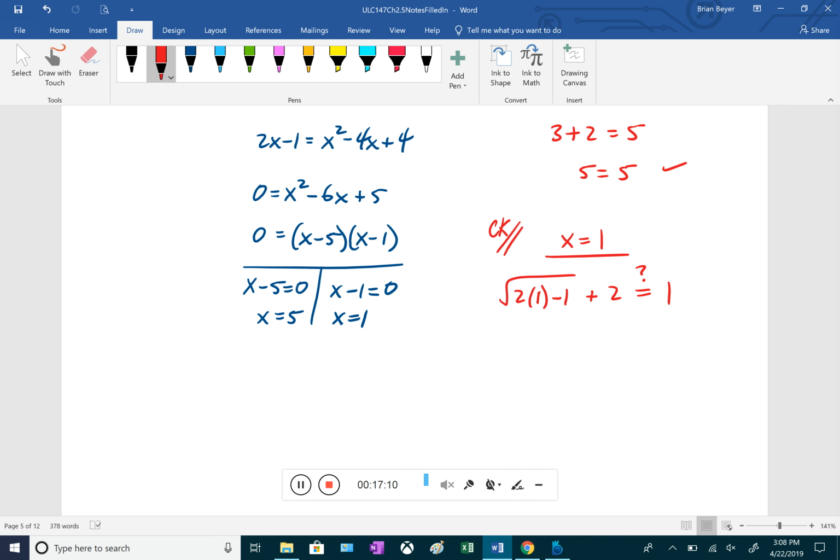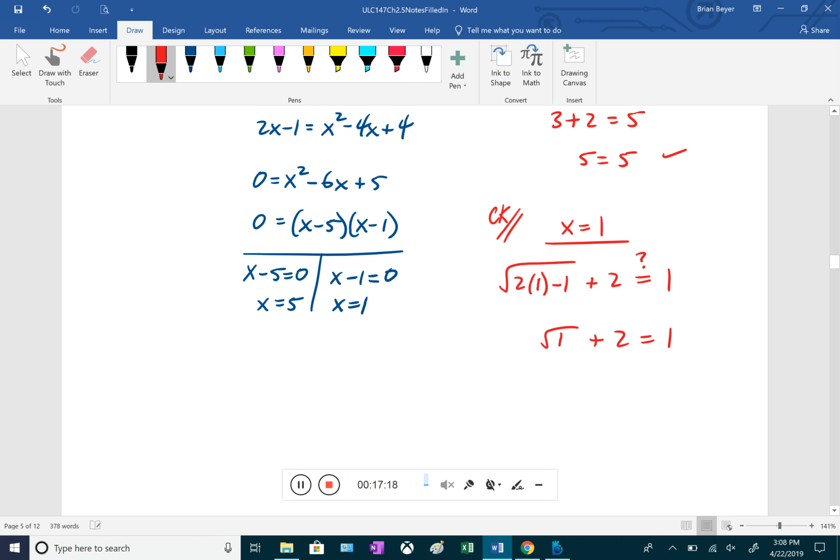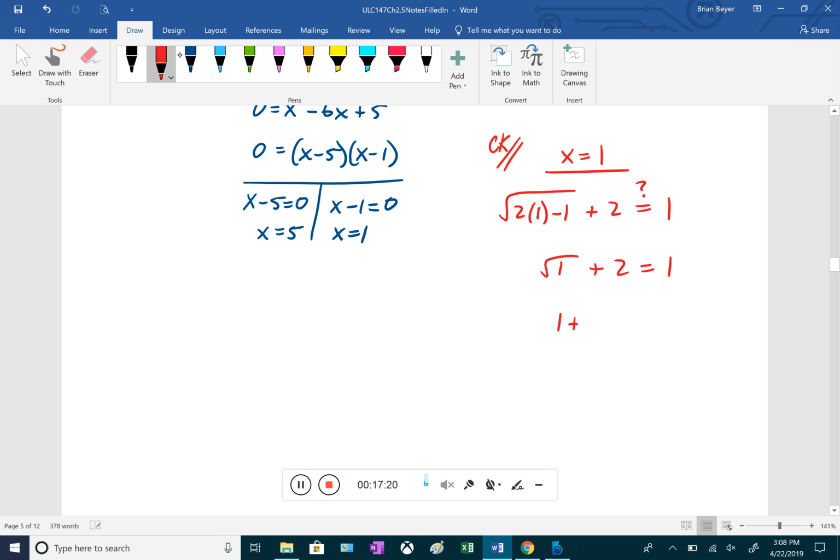And simplifying this, under the radical we get 2 minus 1, which is 1. So radical 1 plus 2 equals 1, which gives us 1 plus 2 equals 1, which we get 3 equals 1, which obviously is not true. So we have to omit the x equals 1. So our only answer here, I'll write this in set notation, is just x equals 5.